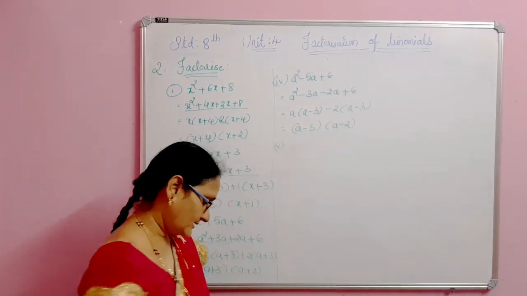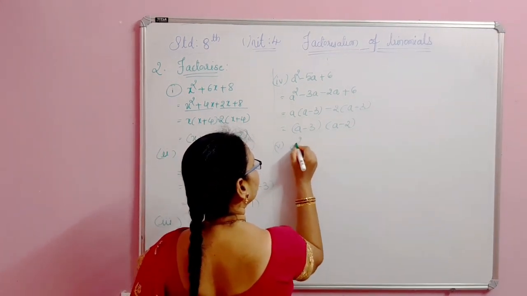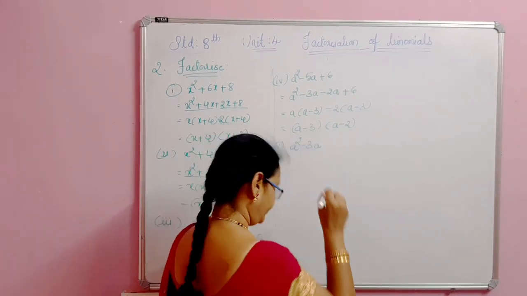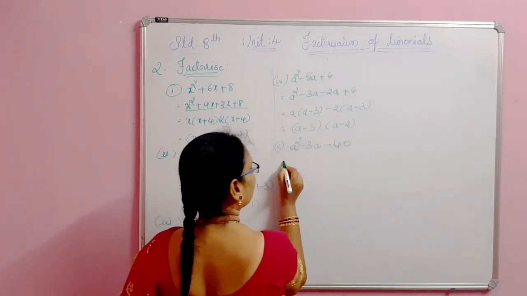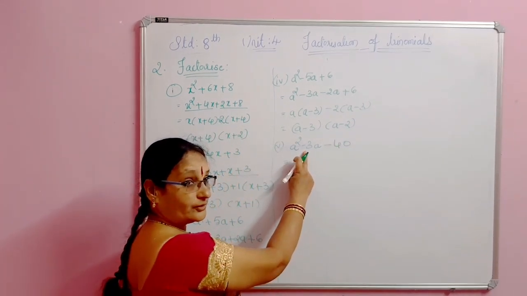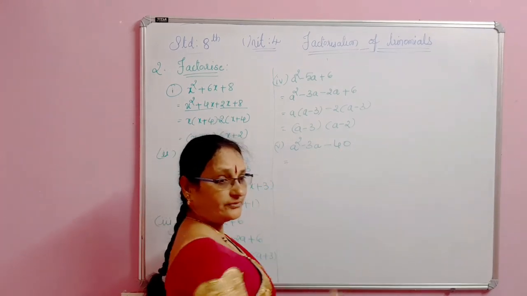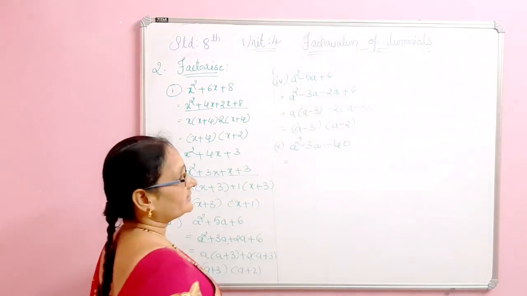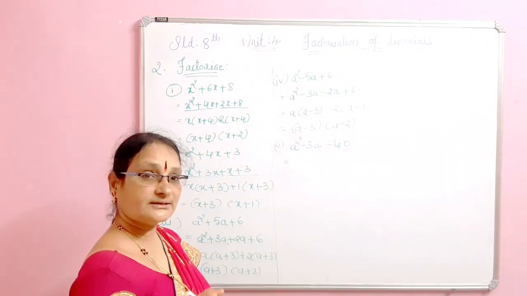In the same way, fifth one, a square minus 3a minus 40. See here, on addition we have to get minus 3. Then on multiplication we have to get minus 40. Then what numbers? 8 5s are 40. 8 minus 5 is 3.